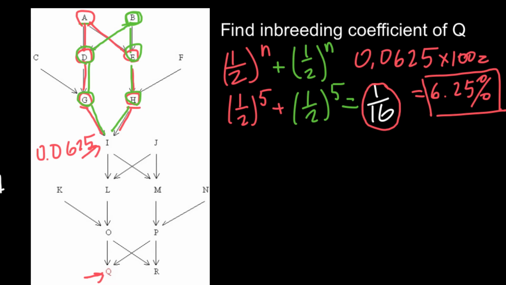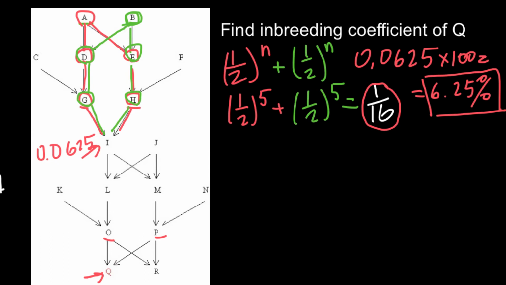Once again, the first step would be to ask who are the parents of individual Q, for whom we're doing our calculations, who is our proband, and this is individuals O and P. Now, the second question that we ask ourselves: who are the common ancestors of individuals O and P, parents of Q?